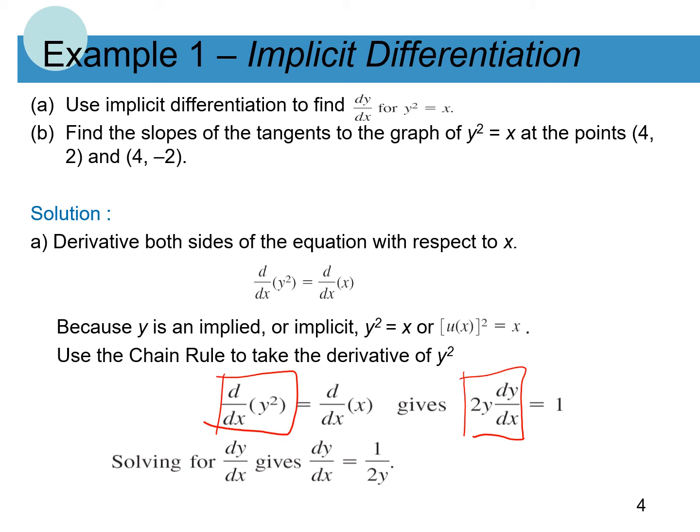Then the differentiation of x is equal to 1. Therefore, we have to solve this algebraically so that at the end of the solution, we have dy over dx only, without any other value beside it. So we have dy over dx is equal to 1 over 2y.